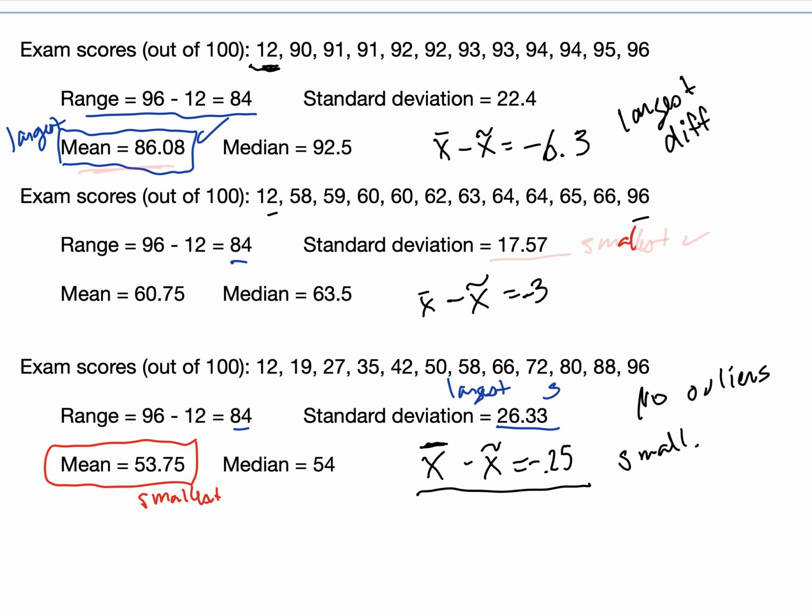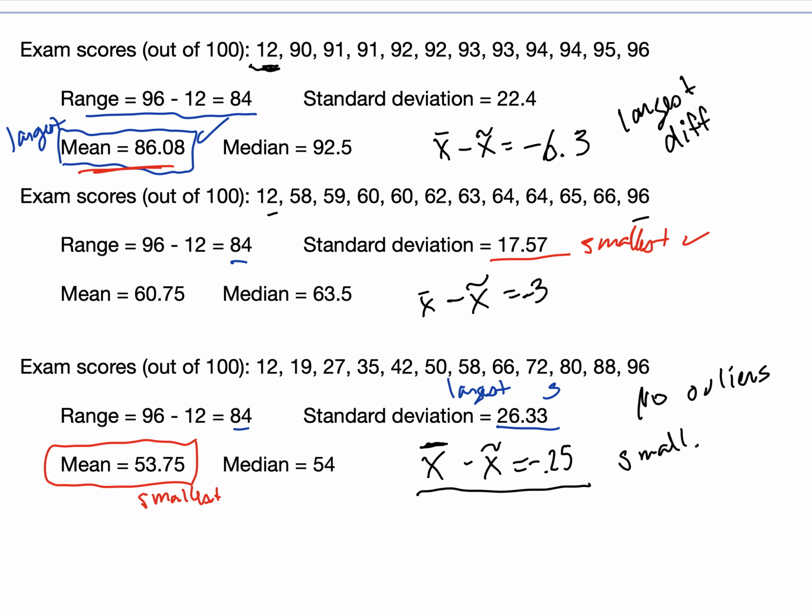There's not going to be any data value that's very close to the mean, and we also expected that this set would have the smallest standard deviation, so that checks with our intuition, because while there are outliers, most of the data is clustered around the center, and so most of the data values will be pretty close to the mean, whereas in exam 1, the data values are clustered together but kind of far apart from the actual mean of 86.08.